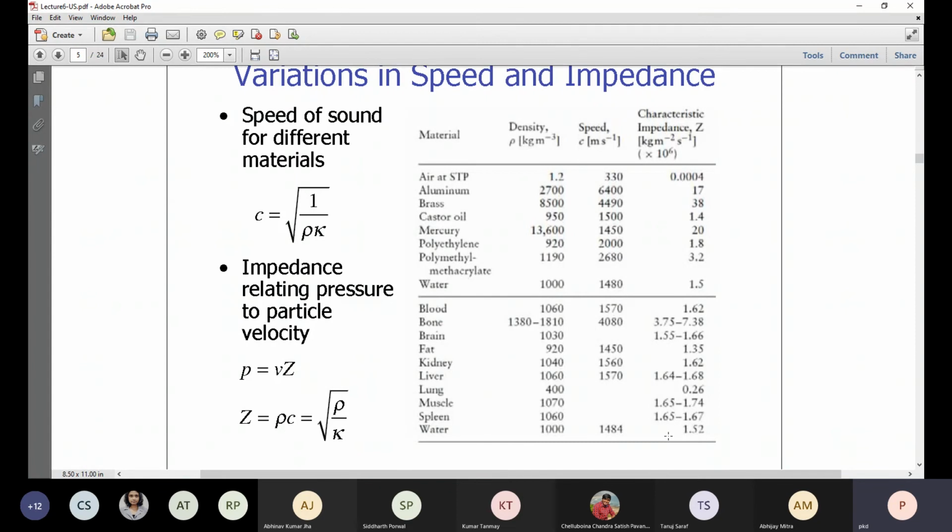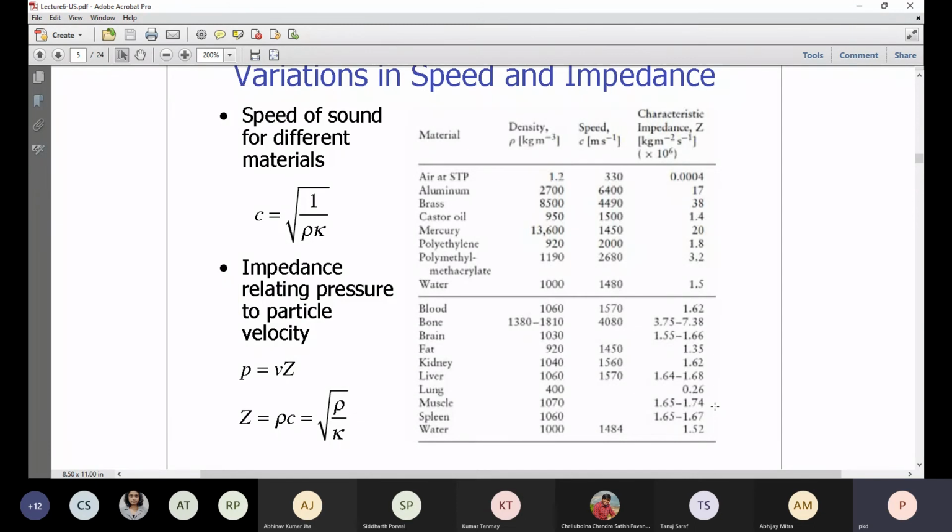So therefore, for acoustic imaging, we have to see the variation of the reflection coefficients that are distributed throughout the organ, and generally, because they are very similar, it will be more or less homogeneous with some grainy pattern that may come.